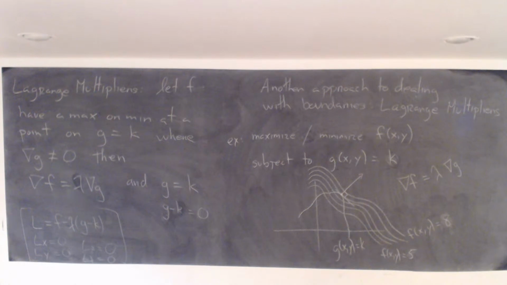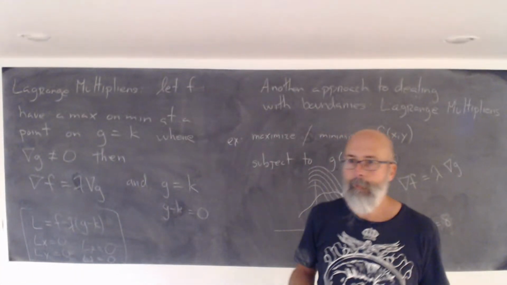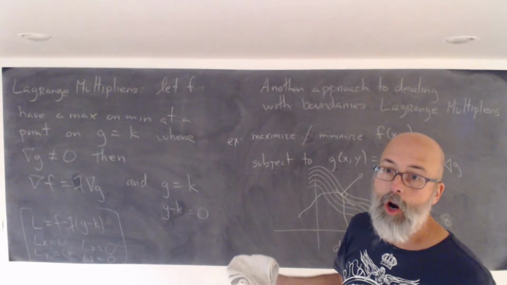So if you pick up a different book and the Lagrange multipliers is done in a slightly different approach, don't be worried. It's equivalent. Here, L is for Lagrange.